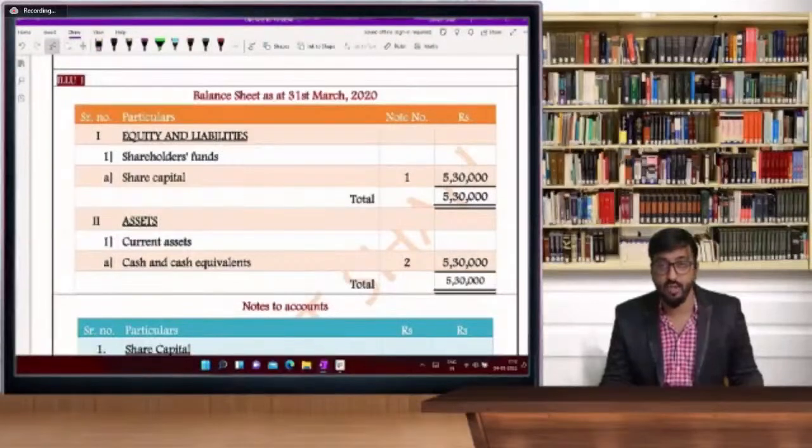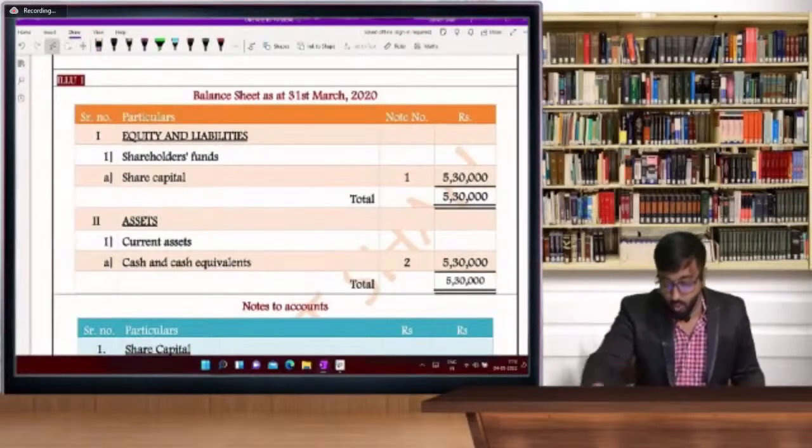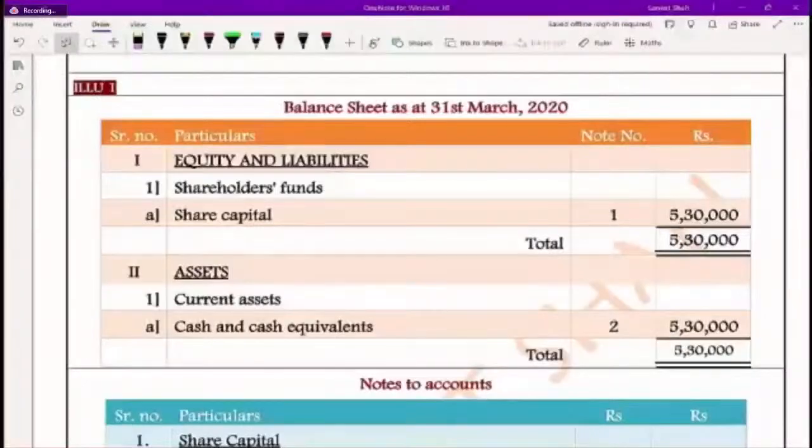Shareholders fund, share capital, then assets, current assets and cash equivalent. It is always recorded at paid up capital. It is only for understanding. Don't write it in the exam. I'm just telling you, share capital is always recorded at paid up capital, not authorized.